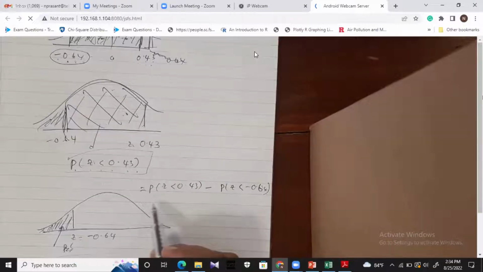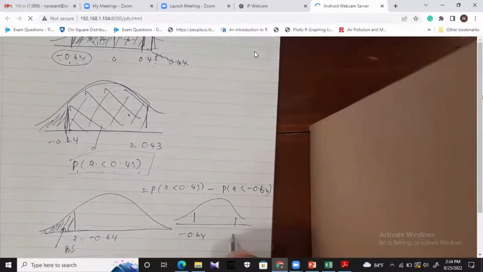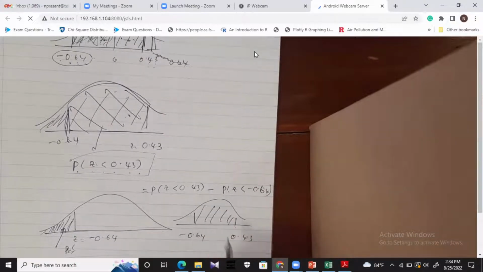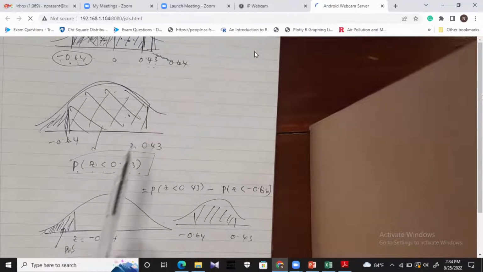So this should be minus 0.64 to 0.43, this region. First, we consider Z less than 0.43 and we eliminate this Z less than minus 0.64 region from that in order to find the required probability.